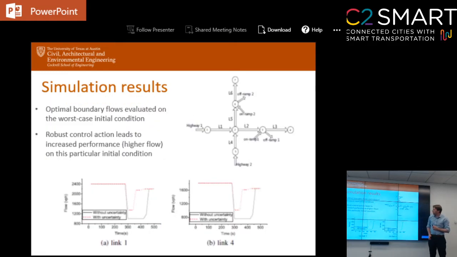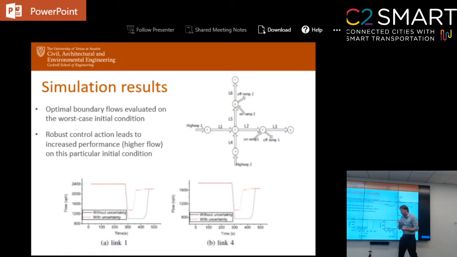So we also evaluated the performance of the control action on the ramp flows, to try to understand what was the effect of these controls. So you can see here in this case that when we take into account the uncertainty, we actually have a higher discharge flow than if we don't take into account the uncertainty. So here this is what happens with no uncertainty.